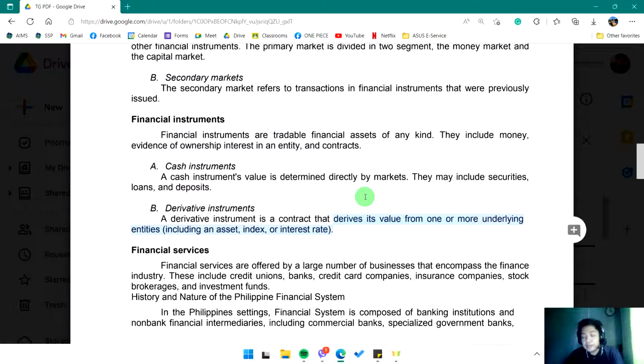Usually ito po, it will go as assets, index or interest rates. For example, dito simplify natin, assets natin dito, maybe kung meron man kayong apartment or meron kayong bahay na tinitirhan, this can be considered as a physical asset.